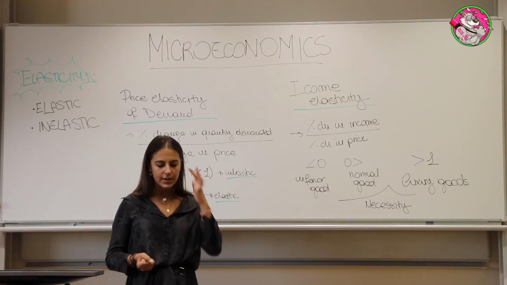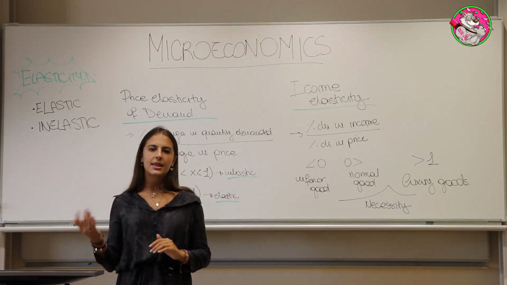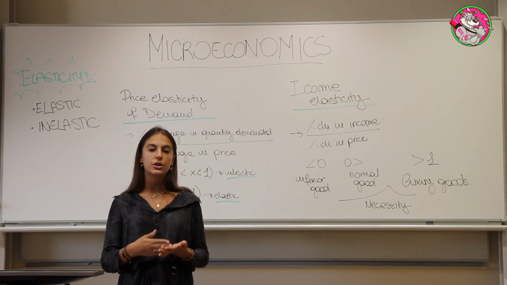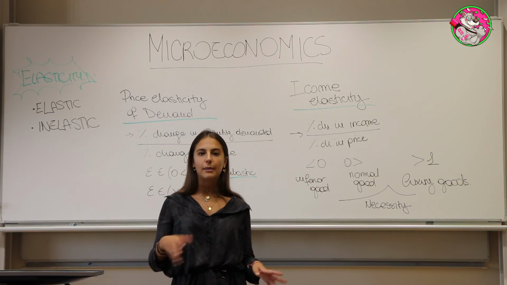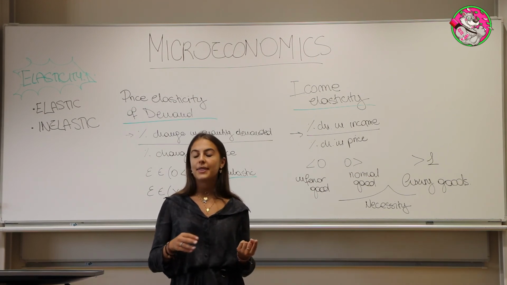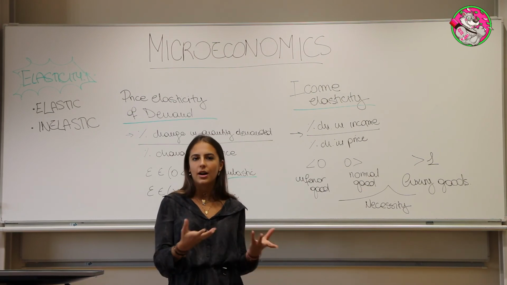While normal goods are those goods where, when your income rises, the quantity demanded for those goods rises as well. For example, if you are a family and you have just one car, but then your income rises, then you can buy more cars. So the quantity demanded for cars rises.